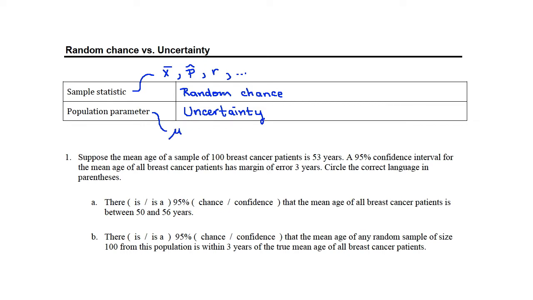It's an average for a whole population. I'm not certain what mu is, but it doesn't make sense to talk about mu using this random chance or probabilistic kind of language. If I'm talking about a proportion, I would use p. If talking about a correlation, that would be that Greek letter rho that looks kind of like a p but isn't, right?